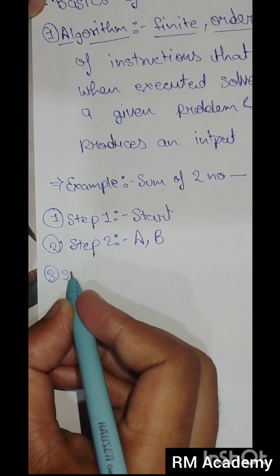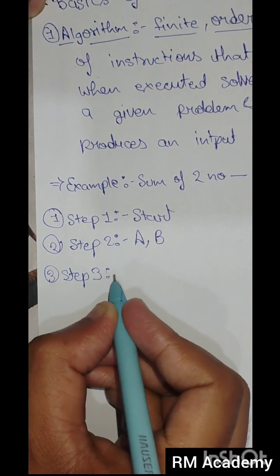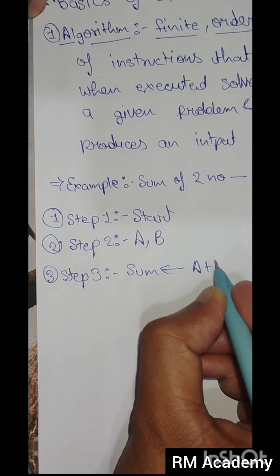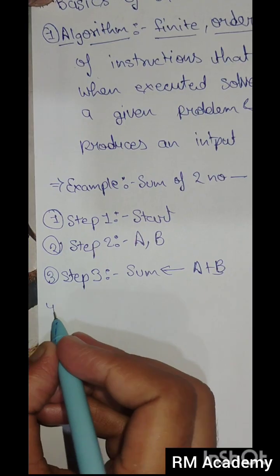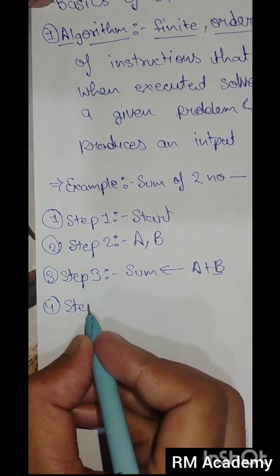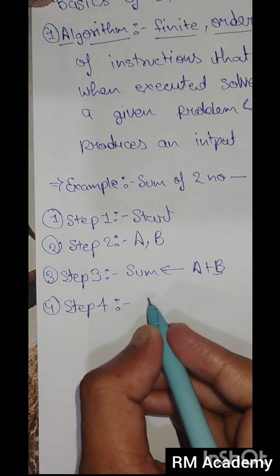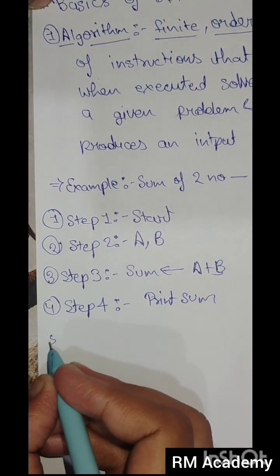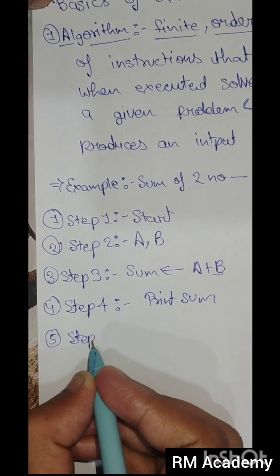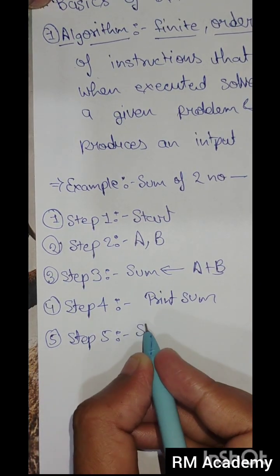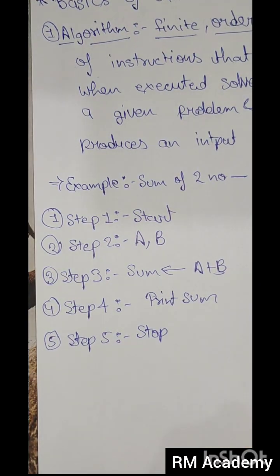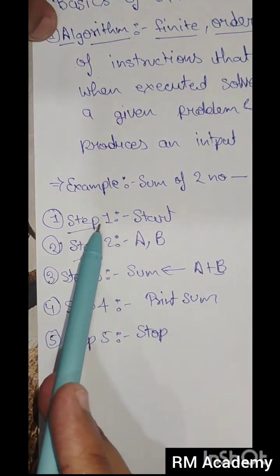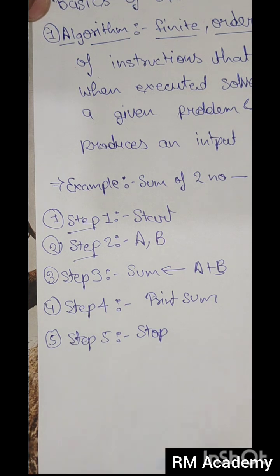At the third step, we'll sum a plus b. At the fourth step, we will print sum. At step 5, we have to stop the algorithm. So in the exam, you have to write this step 1, step 2 because it carries marks. So you have to write it in this way.